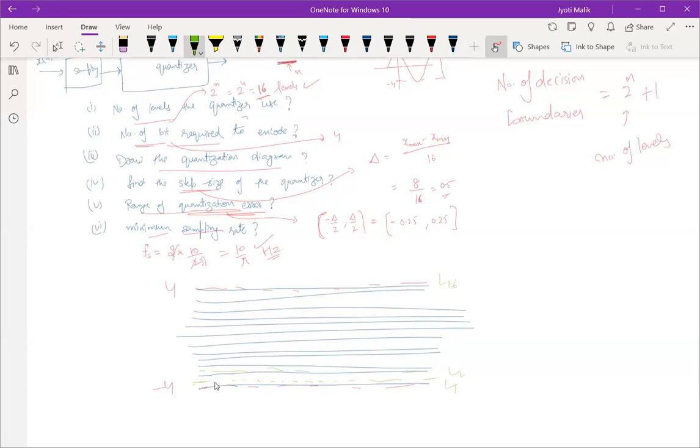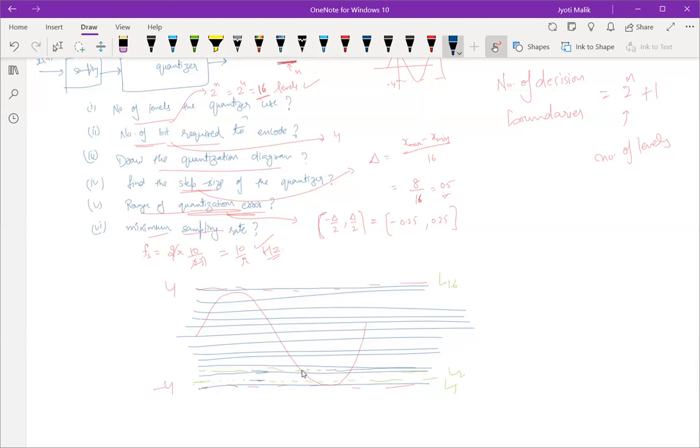And then, let's say your cos signal is like this, what will you do? You will map in between. Let's say these were your 2 boundaries.